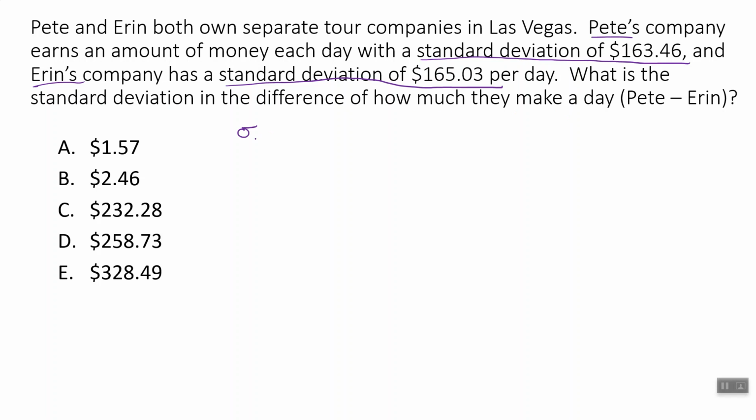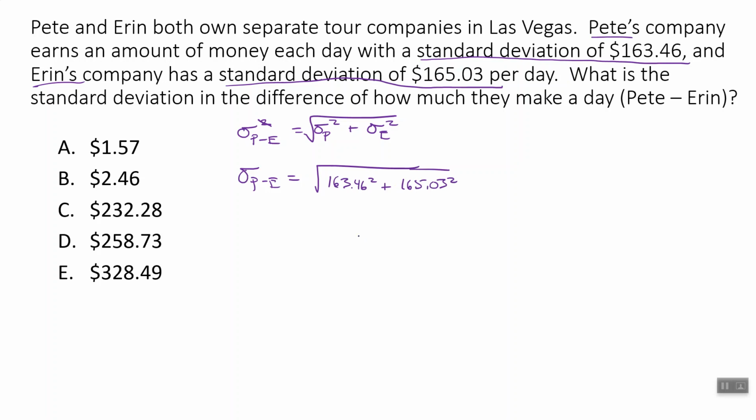So now we want the standard deviation of Pete minus Aaron. That squared is going to equal the standard deviation of Pete squared plus the standard deviation of Aaron squared. To solve, we're just going to take the square root. So the standard deviation of Pete minus Aaron is the square root of 163.46 squared plus 165.03 squared. And we're just typing that into our calculator.